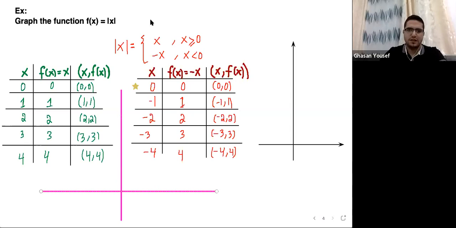Now, the first function is here, 0 and 0, so we have to put a point at 0, 0. This is my 0, 0. But first of all, this is my 0, 1, 2, 3, and 4. Here is minus 1, minus 2, minus 3, and minus 4. Here is 1, 2, 3, and 4, 5, and that's it.